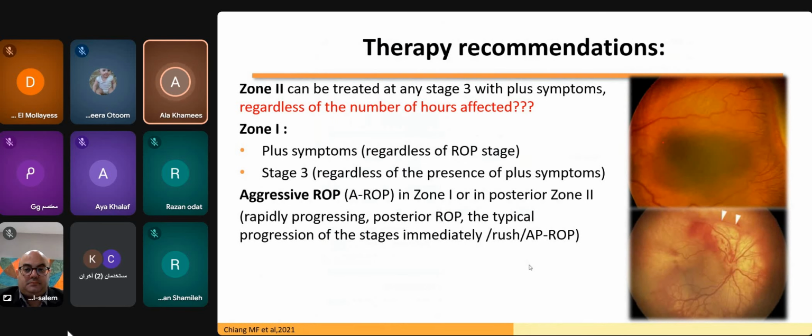In my late praxis in Germany, that was regardless of the number of hours affected. Whenever we see stage 3 in zone 2, we treated the patients. Zone 1, always with plus symptoms, and stage 3, and aggressive ROP in zone 1 or posterior zone 2. I don't know, maybe Dr. Christiana will add something about the therapy recommendation.